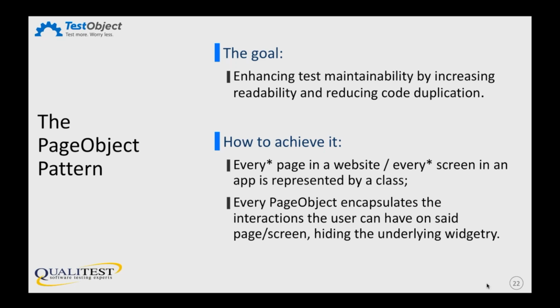Okay, so how does page object work? The concept is actually quite simple. Every page in a website, so imagine we're testing a web app or just a normal website, or every screen in a mobile application, this does not make any difference, is represented by a class. So if our application has a login screen, we'll have a class representing this login screen. And each and every one of these classes contains the interactions that the user can have with the screen or page itself.